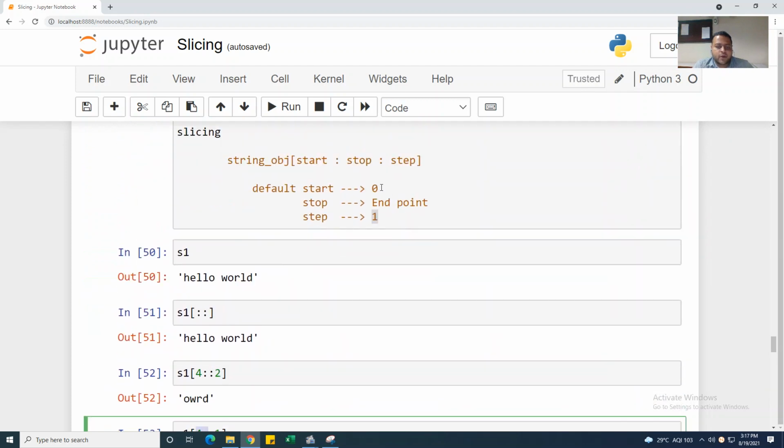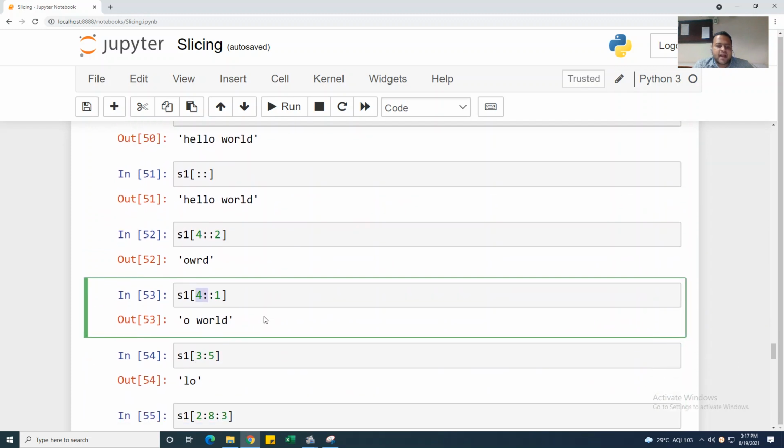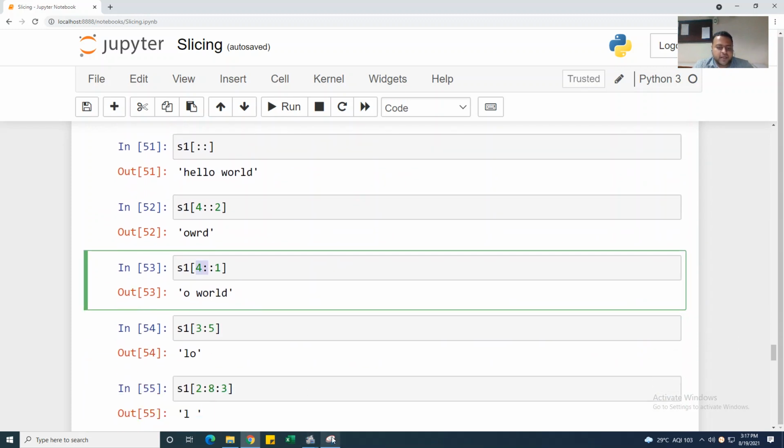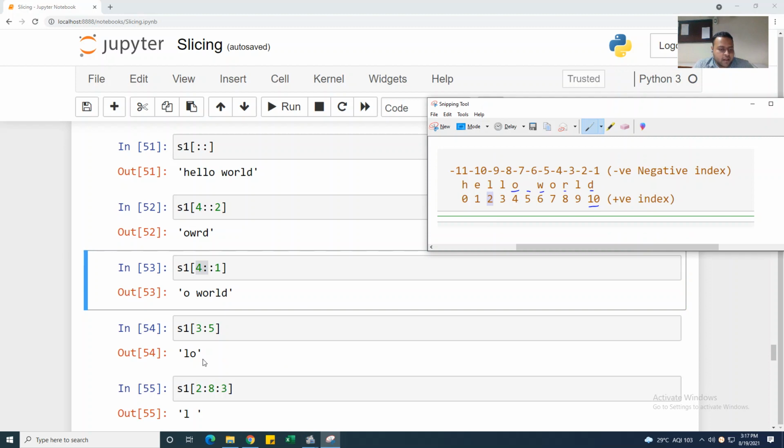So my starting point is 3 and ending point is 5. And the step is by default 1. So it will print L and O.